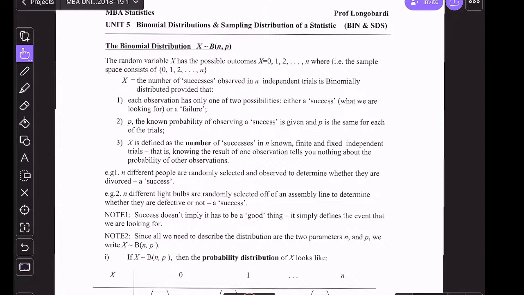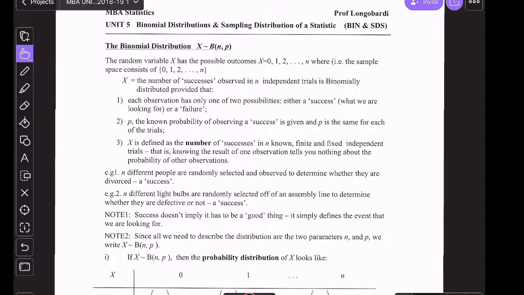Remembering that we call a distribution binomial if the scenario, the experiment, or the phenomenon, the random variable x, has these certain criteria. Okay?